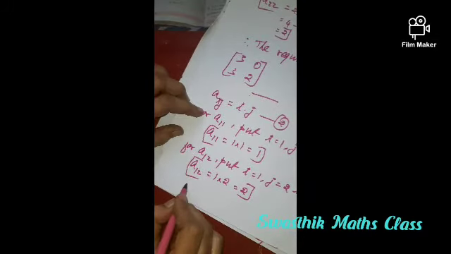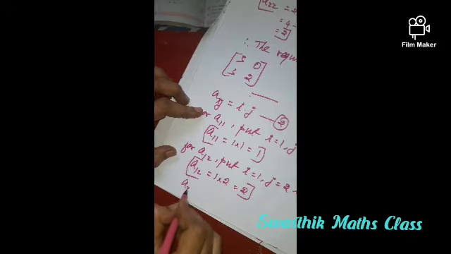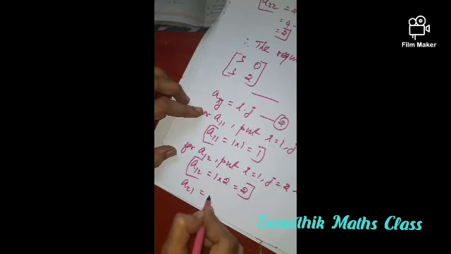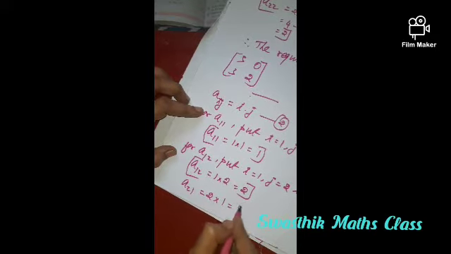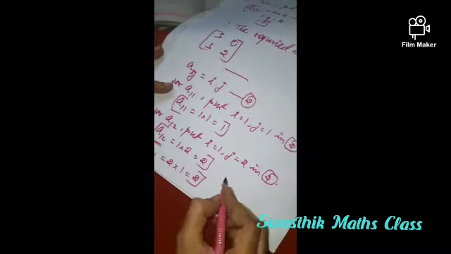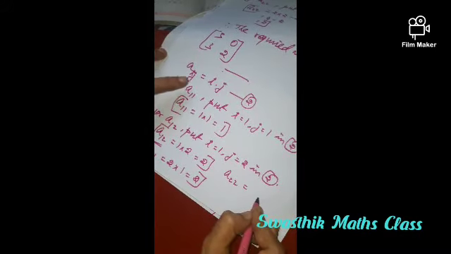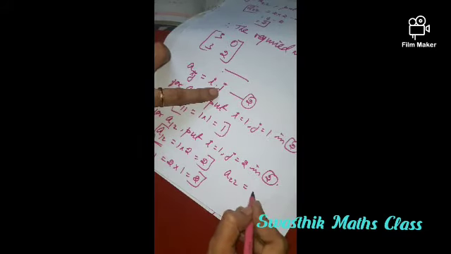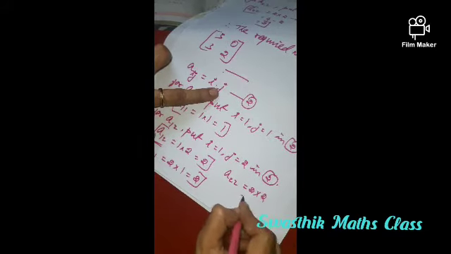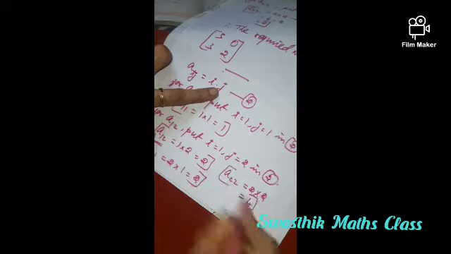Next, what about A21? To get A21, we have to substitute i is equal to 2 and j is equal to 1. So 2 into 1, this is also 2. So our A21 entry is 2. What is A22? To get A22, we have to substitute i is equal to 2 and j is equal to 2. So 2 into 2, this is equal to 4. So this is our A22.